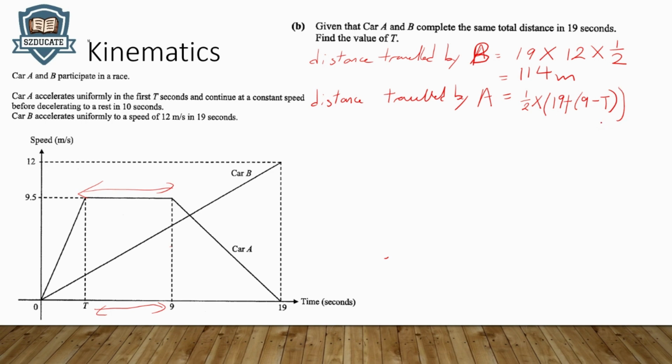This is the sum of the two parallel sides multiplied by the height. The height is 9.5. I have to do a bit of simplifying first before I calculate. So half times 19 plus 9 minus T gives 28 minus T, and the whole thing times 9.5. Maybe I should just take 9.5 times half first. 9.5 times 0.5 is 4.75.